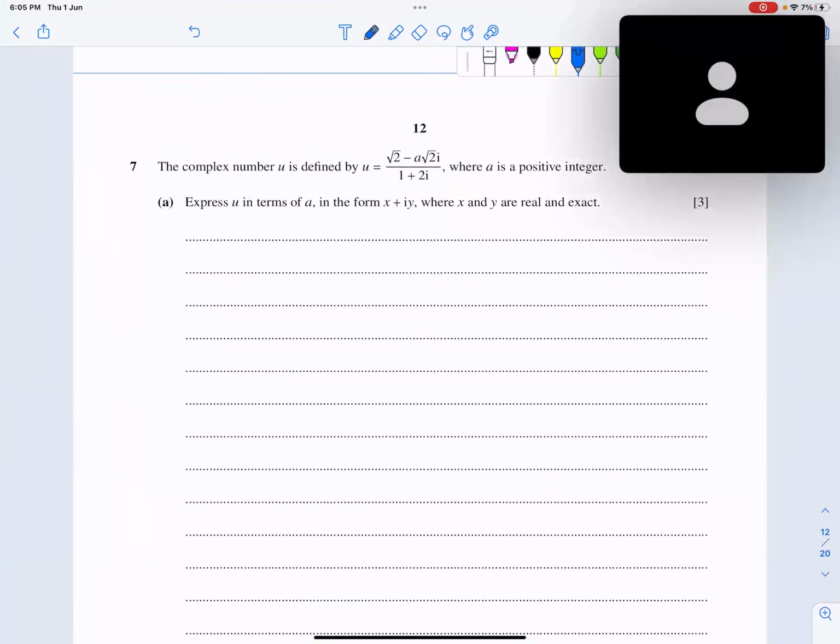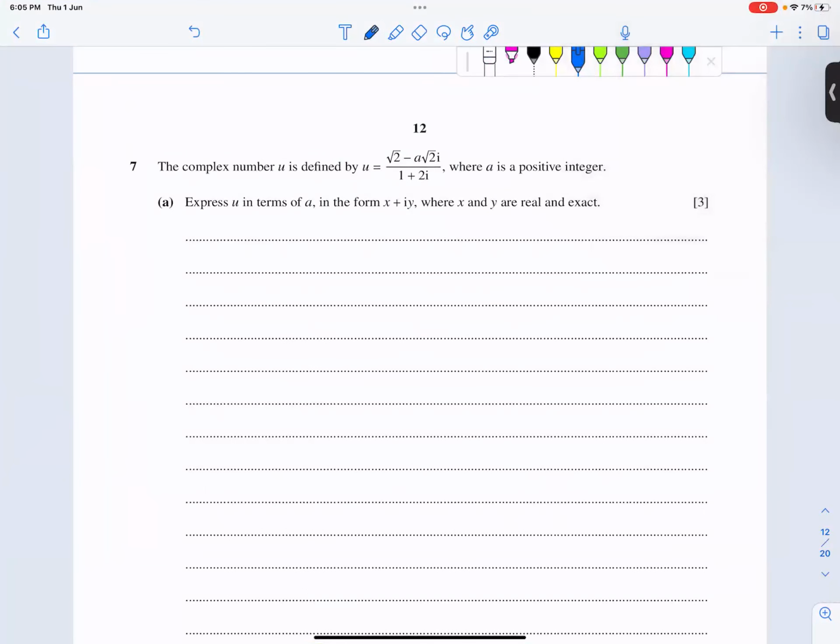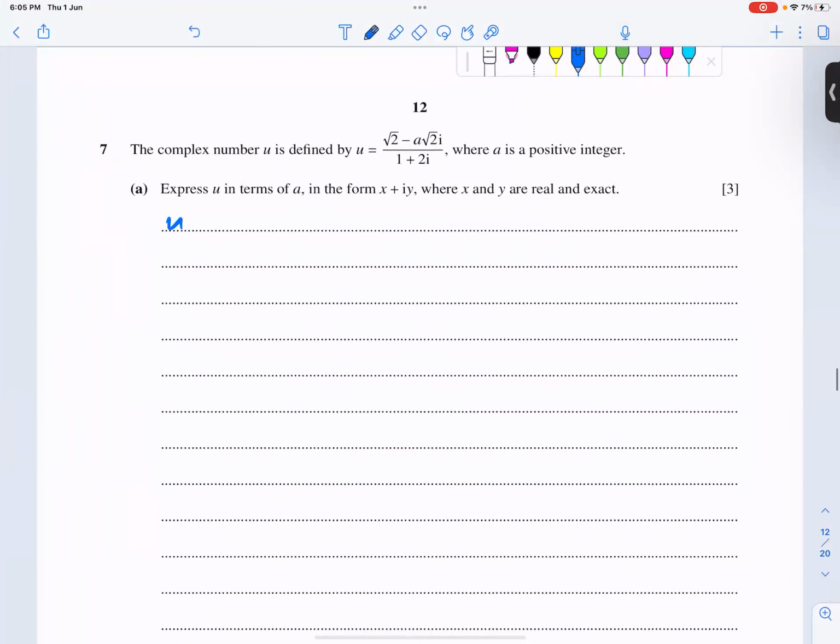So we will write u is equal to square root 2 minus a i divided by 1 plus 2i. Just multiply with 1 minus 2i, the conjugate of the denominator, and divide by 1 minus 2i.